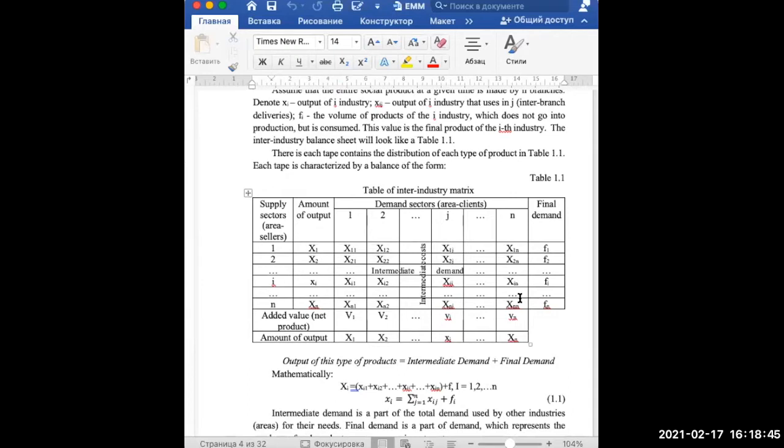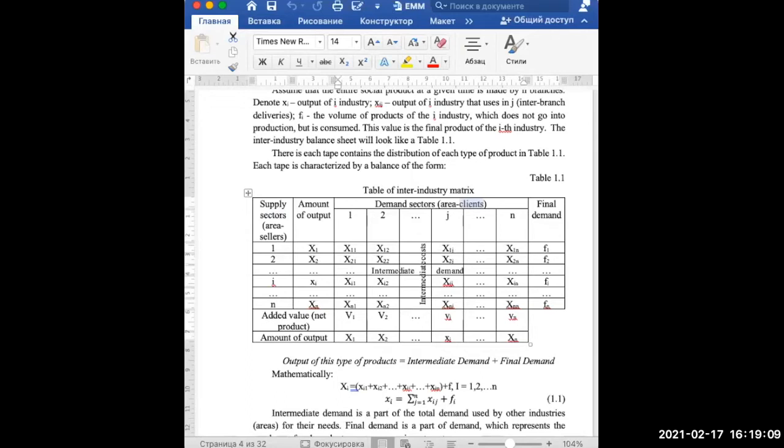So these are the most important participants in our input-output model. It is different branches of economy, they could be at the same time suppliers and clients, and it is final consumers who consume final goods and do not produce anything.